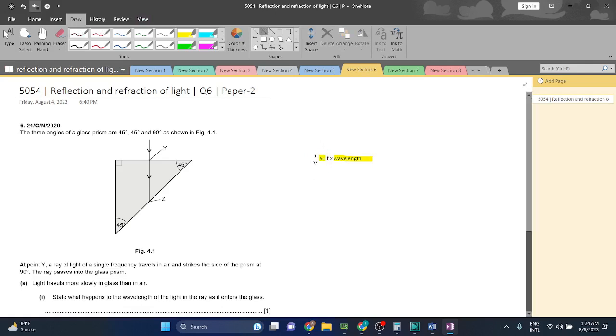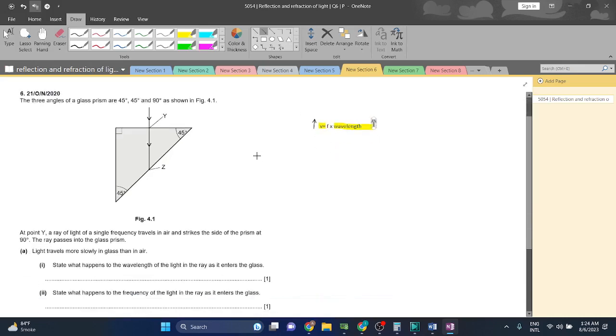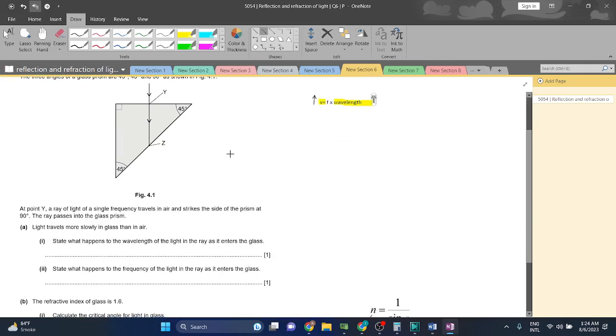For example, if velocity is decreased, wavelength will decrease. If velocity is increased, wavelength will increase, while f is the component which stays the same at all times.